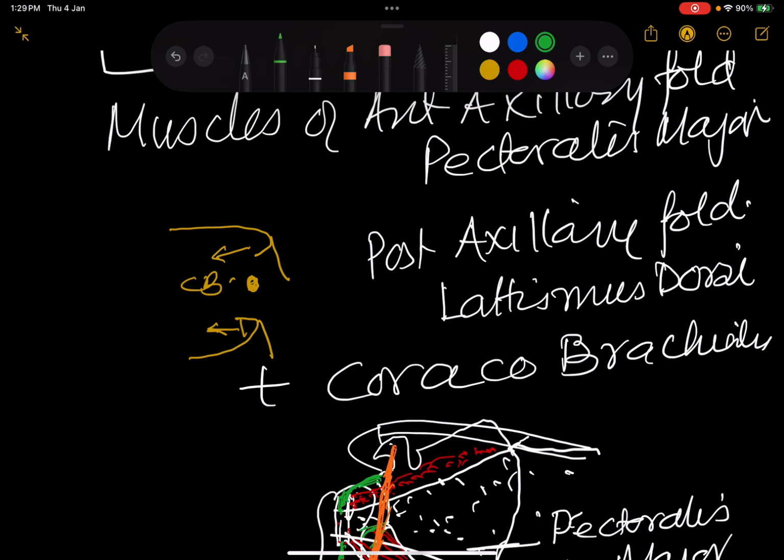And the deep fascia of the axilla goes from here to here, and it is suspended by the suspensory ligament coming from the pectoralis minor lateral border. That you remember. So these muscles of the posterior and anterior axillary fold plus coracobrachialis will adduct the humerus.